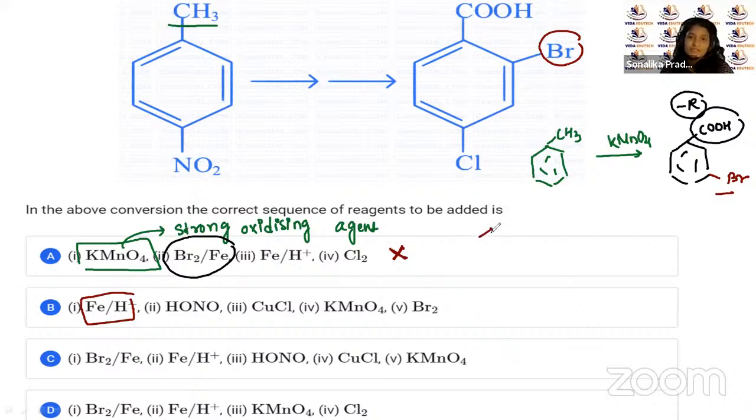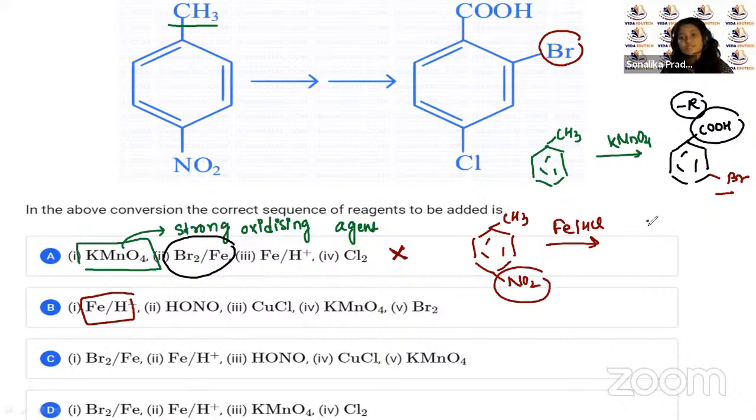So we know that, children, here we are having CH3, we are having NO2. So this is a reducing agent. H plus is nothing but Fe in presence of, just consider HCl. So we know that NO2 will get reduced because this is a good reducing agent. So this is going to be CH3 and NH2.